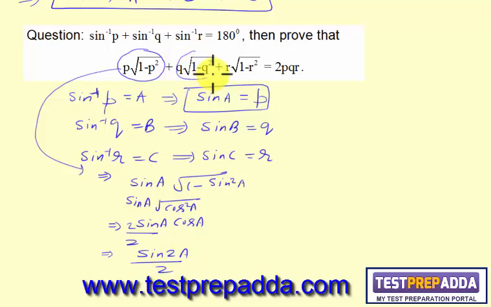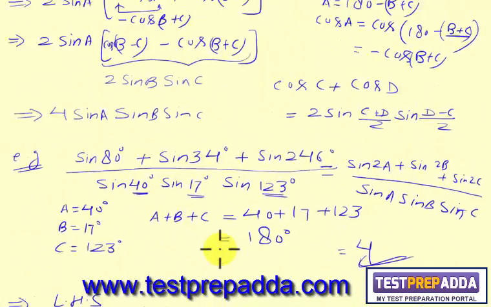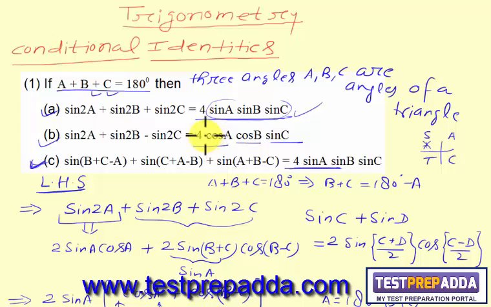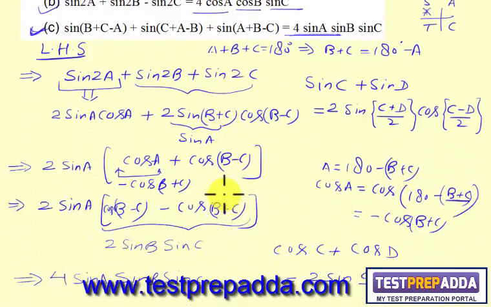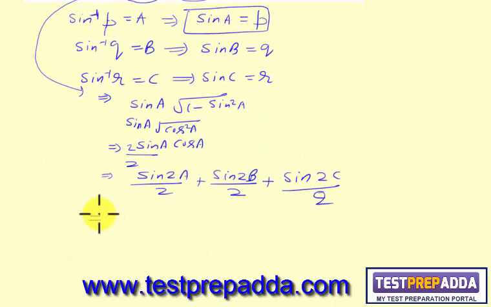Similarly, this can be converted into what? Into sine 2B by 2, and the last term will be converted into sine 2C by 2. Now recall the first identity which we have proved here, sine 2A plus sine 2B plus sine 2C is 4 sine A sine B sine C. So I will substitute here 4 sine A sine B sine C, and it is divided by 2.